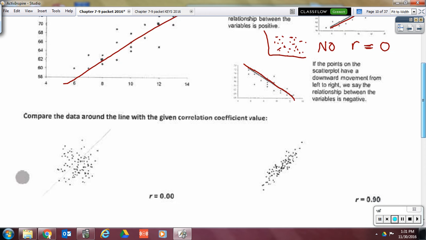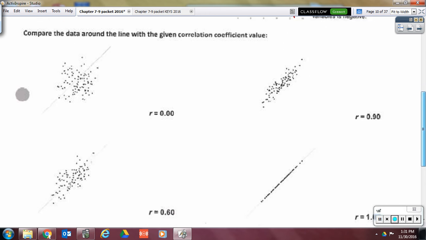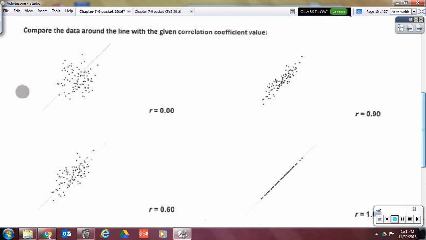All right, so let's take a look at some examples. You can see this first one has an r value close to 0 because there's pretty much nothing going on, no pattern happening there. This line that they have drawn through there could go anywhere. It could be a flat line as well. No linear correlation.